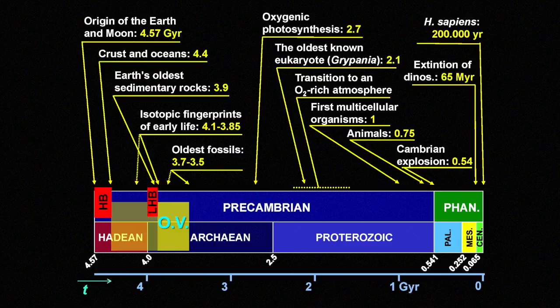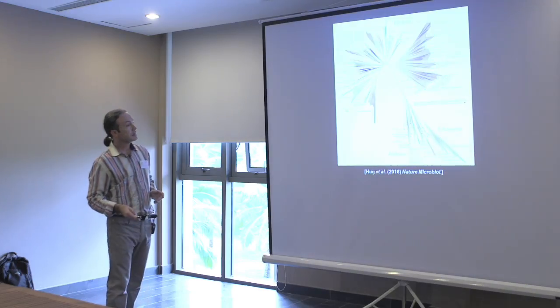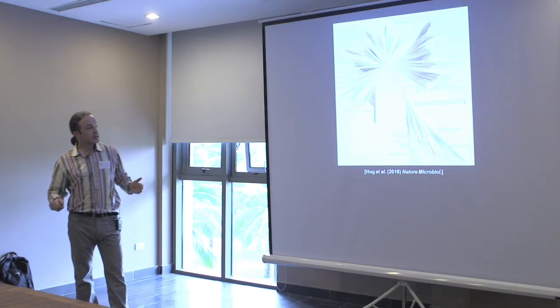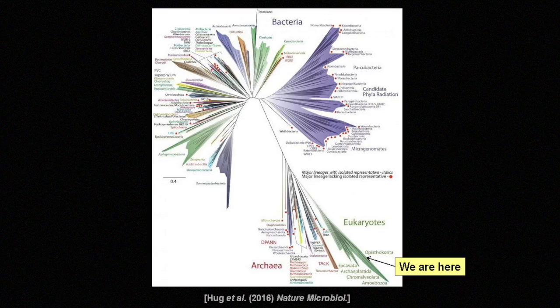After evolution, okay, this has been completed. We are the final product, the current biosphere, of at least 3.5 billion years of biological evolution. This is the latest universal tree published so far, and all these you have here are bacteria.